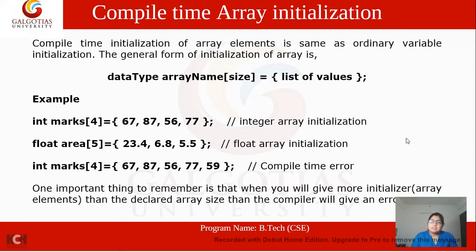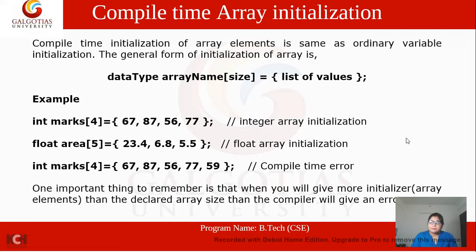Now let us take another example. As you can see, the third example, integer marks, and again the capacity or size of the array is 4. Now you can see here, after the assignment operator in the curly braces, in the list of values we have written 5 values: 67, 87, 56, 77 and 59.